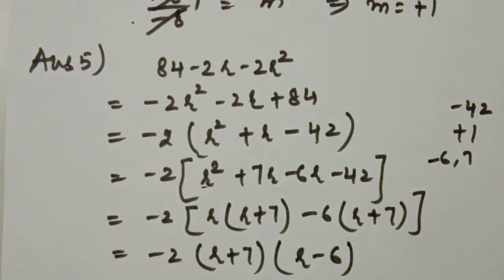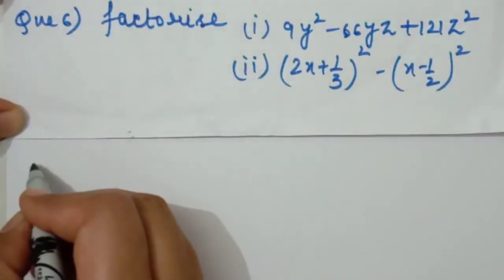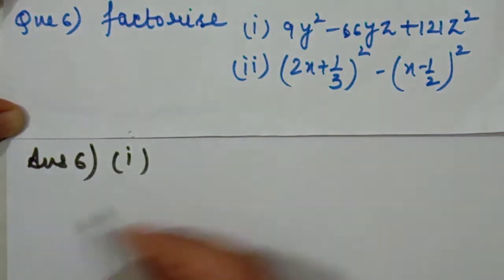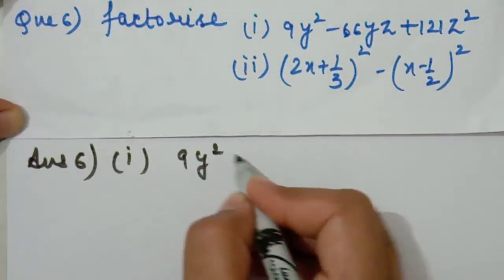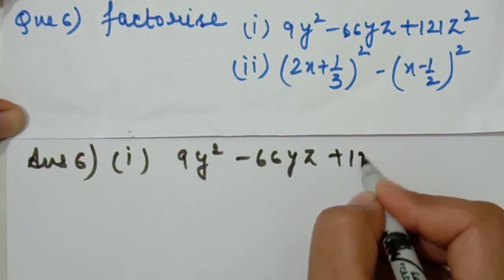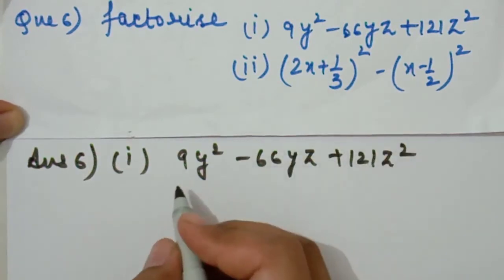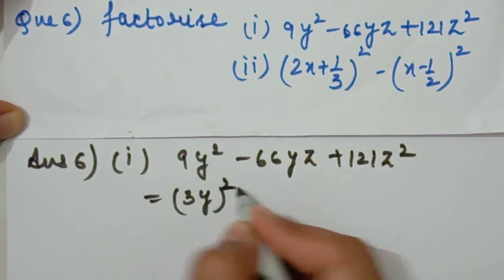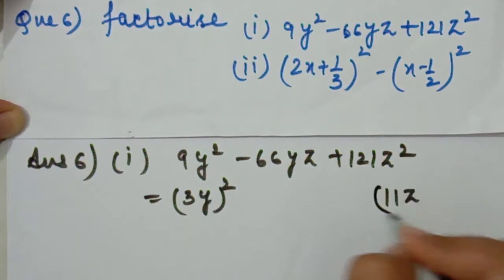Now question number 6. Students, this is your question number 6. So we will solve the first part of question number 6, which is 9y square minus 66yz plus 121z square. It is clearly visible that this is 3y whole square and 11z whole square.